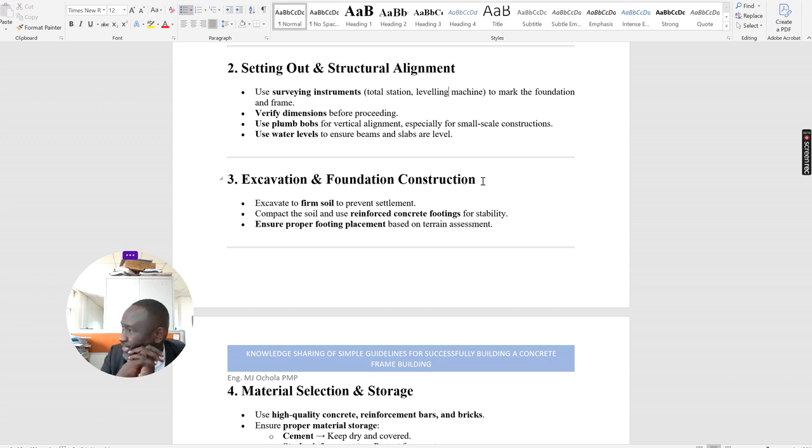Control of alignment is from the start of construction until almost site handover. It is a continuous activity. So you have to have a surveyor, someone who understands construction survey, levelling, managing staff, invert levels, and all that. He should be positioned on site from the start until the site is handed over.